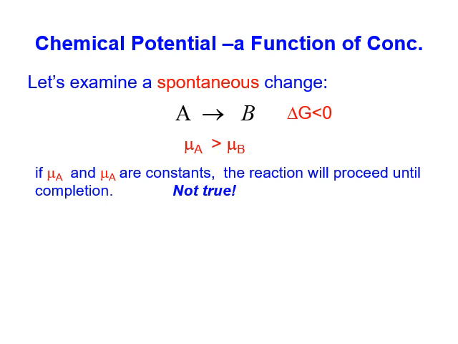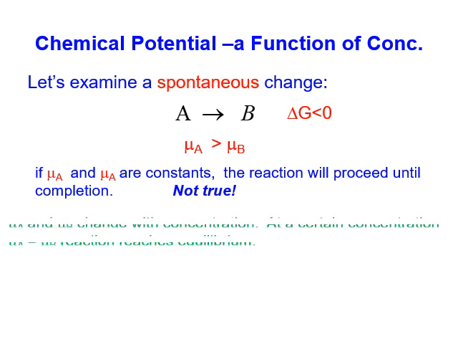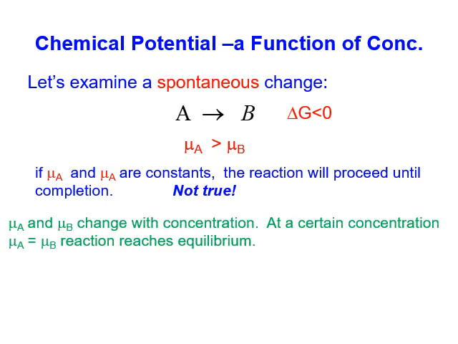Eventually, the chemical potential of A equals the chemical potential of B. The reaction reaches equilibrium. And in this chapter, we are going to derive the equation to express chemical potential as a function of the concentration.